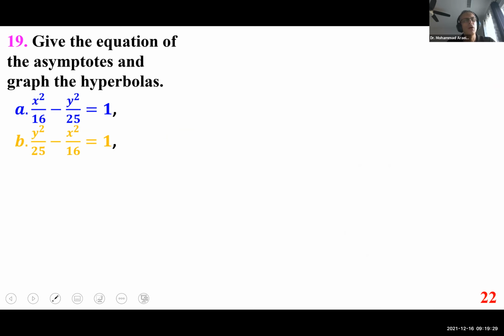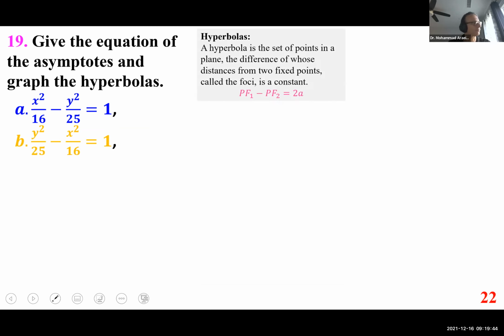Given the equation of the asymptotes, give the equation of the asymptotes and graph the hyperbolas. Those are hyperbolas. So let's look at the definition. Could you please read this? Hyperbolas.